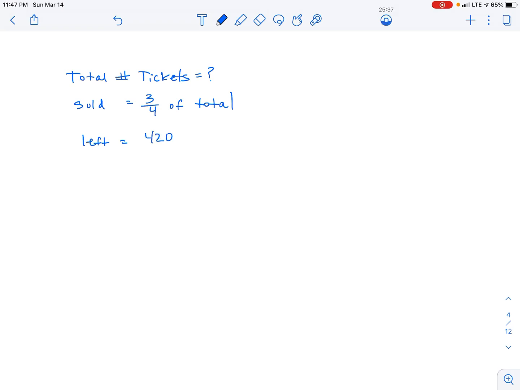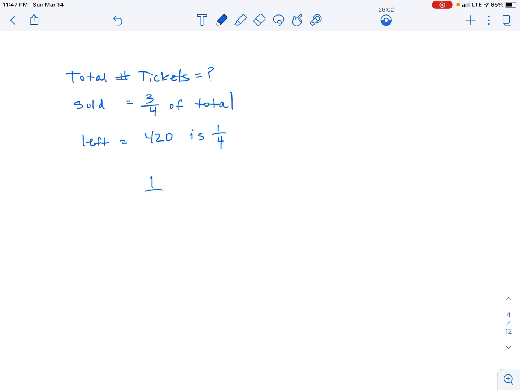Okay, so there's 420 tickets left. All right, now think about that. And we're supposed to figure out how many tickets there were total. So I want to use the information that I have here. So 420 then is what fraction of the total? If what was sold is 3/4, then what is left must be the remaining fraction. So 420 is 1/4 of the total.